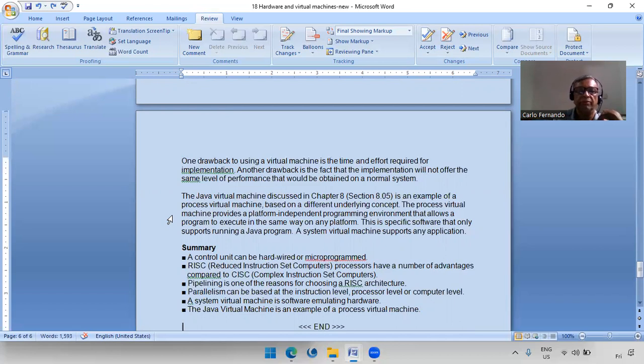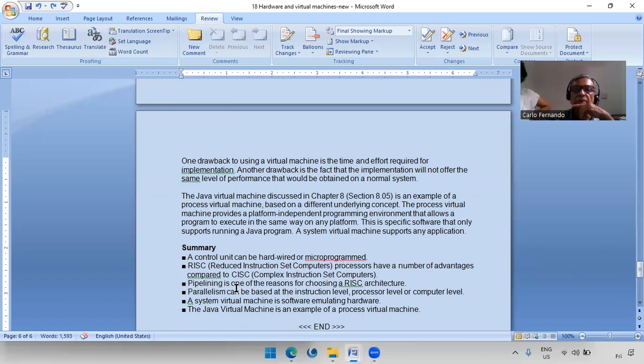And what have we learned in this chapter? Control unit can be hardwired or microprogrammed. Remember, hardwired is logic circuits, electronic circuits, and microprogrammed is a ROM component having the instructions. RISC processors have a number of advantages compared to CISC. Yes, we saw many advantages.